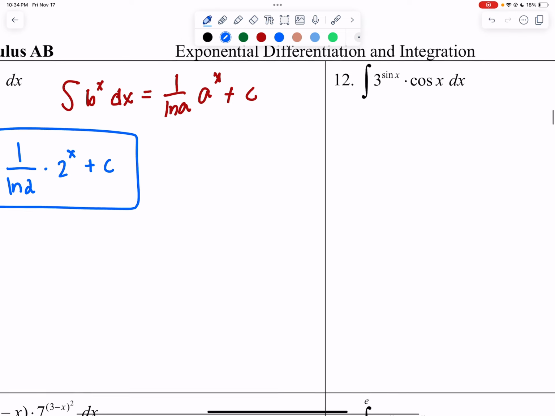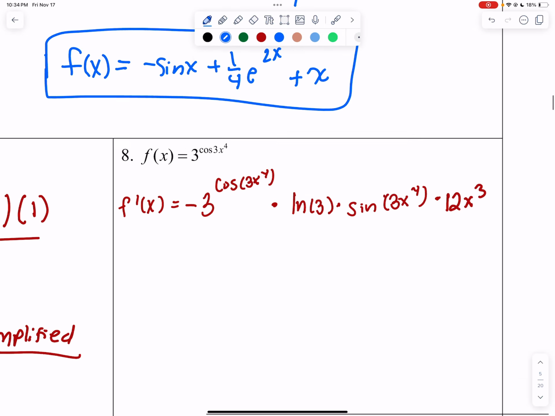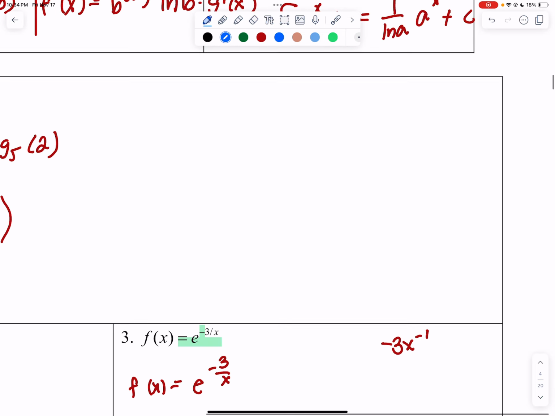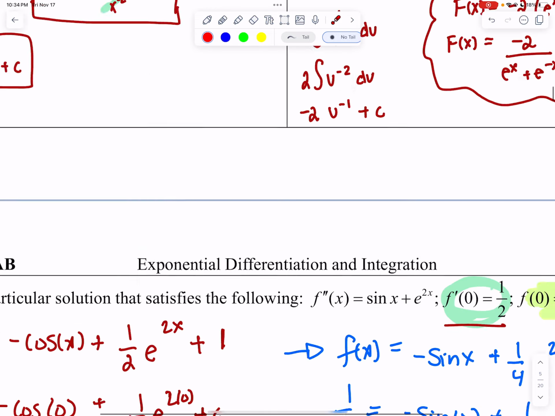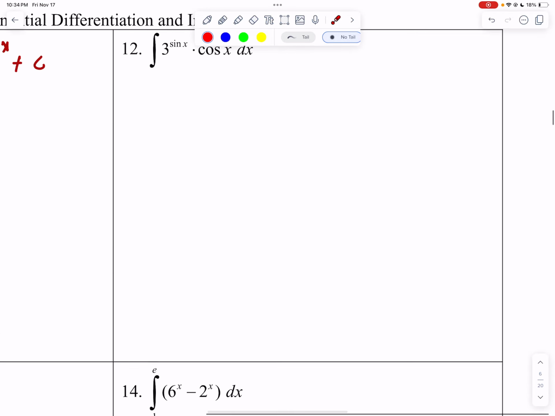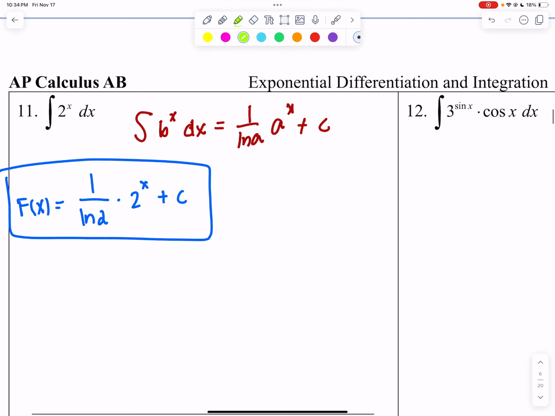All right, for number 12, this kind of looks like what we have up here, except we have a function inside of a function. So it's going to be very similar to 11, except guess what? I have a sine of x.